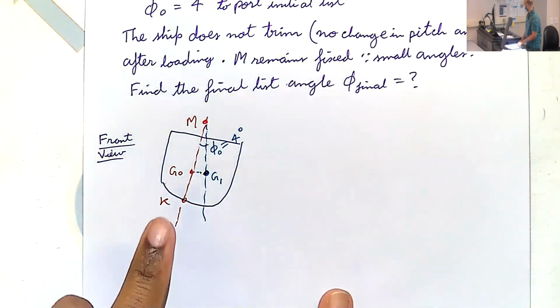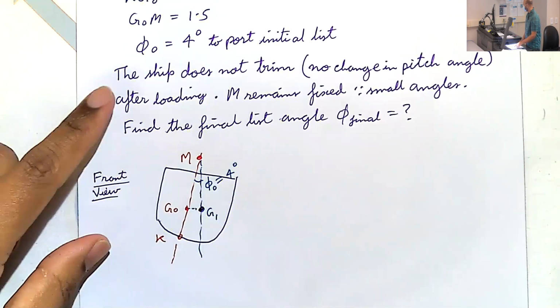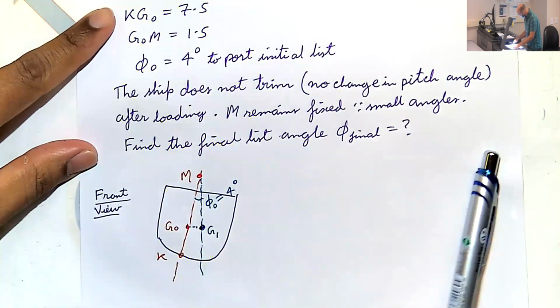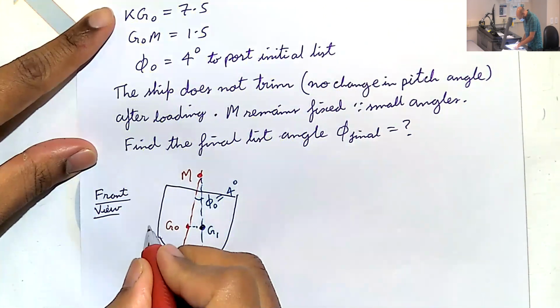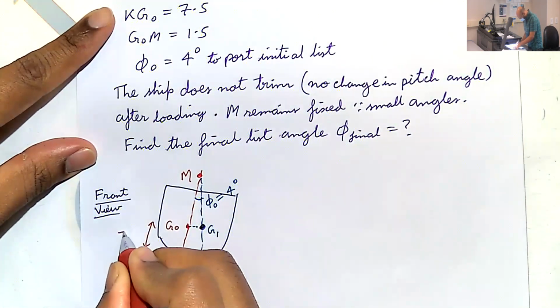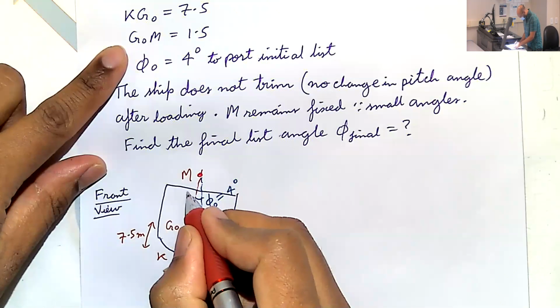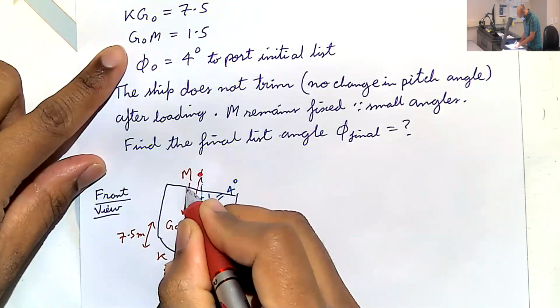All right, so let's also mark what else we're given. We're given KG0 is 7.5. And G0M is 1.5. So of course, not drawn to scale.